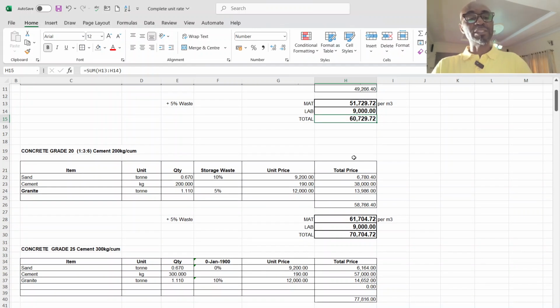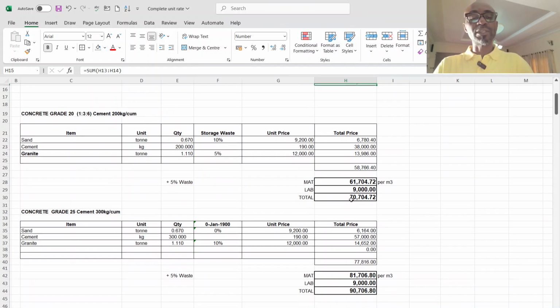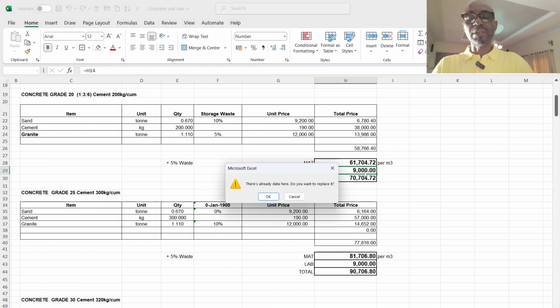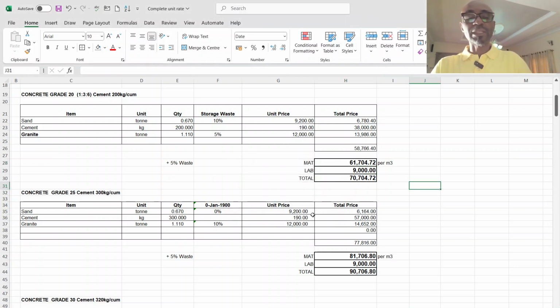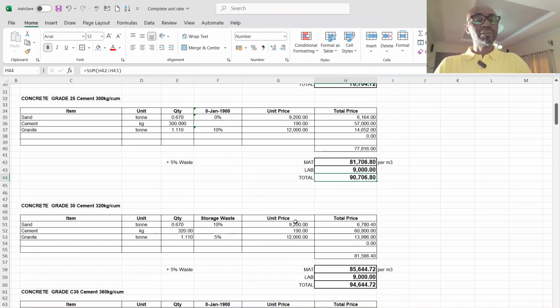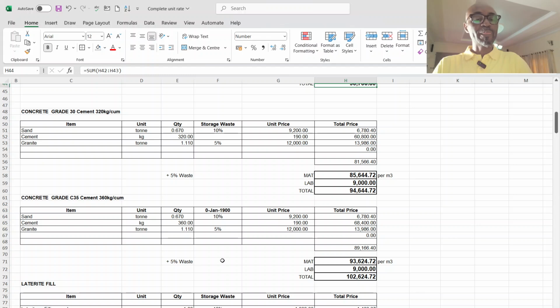While the plain in situ concrete grade 1:2:3, 200 kg is 70,000. The material is 61, while the labor was 9,000, while the 300 kg, the material is 81, while the labor is 9,000. Then the 320 kg is 85, and the 360 kg is 95.